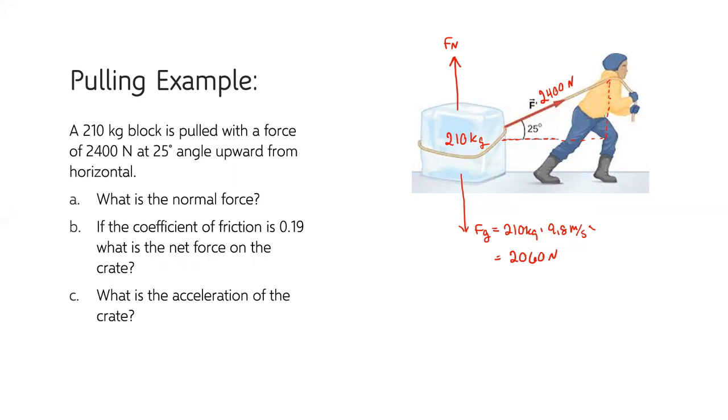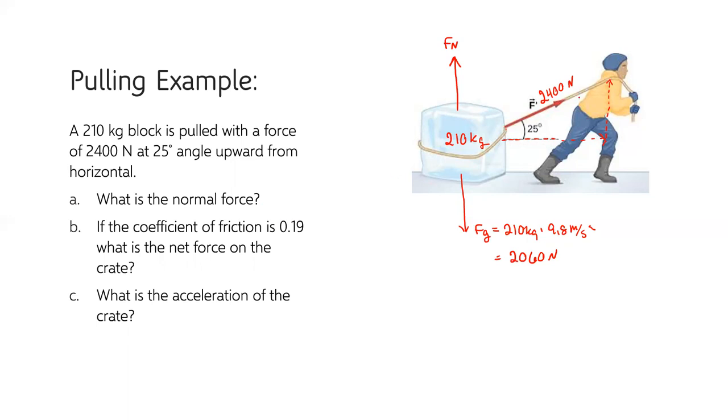So it's pulling that block in two directions. Because some of that rope supports the block vertically, that means that not all of the force of gravity is converted to normal force. We've actually taken some of that weight if we were the person that's pulling it.